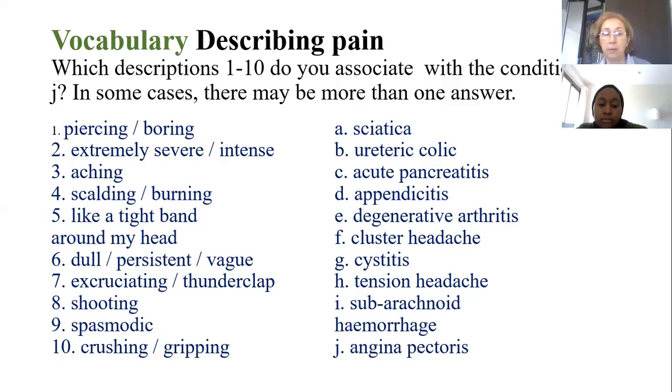What else? The subarachnoid hemorrhage. Also possible, yeah, because it doesn't disappear. Or it can also tell us about appendicitis. Then there is excruciating, thunderclap, very strong.